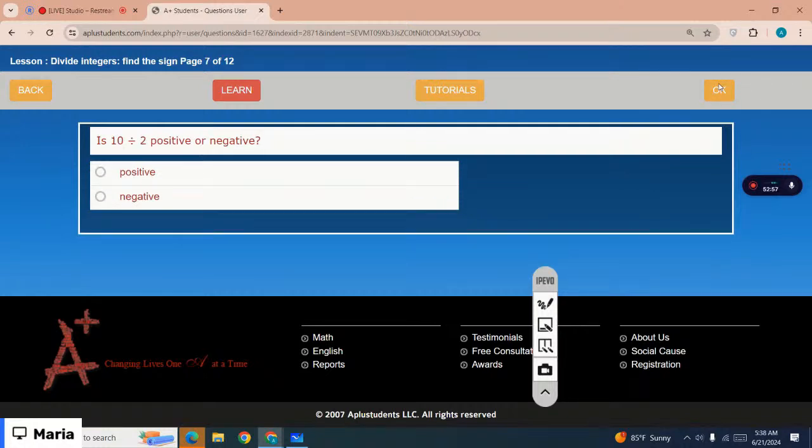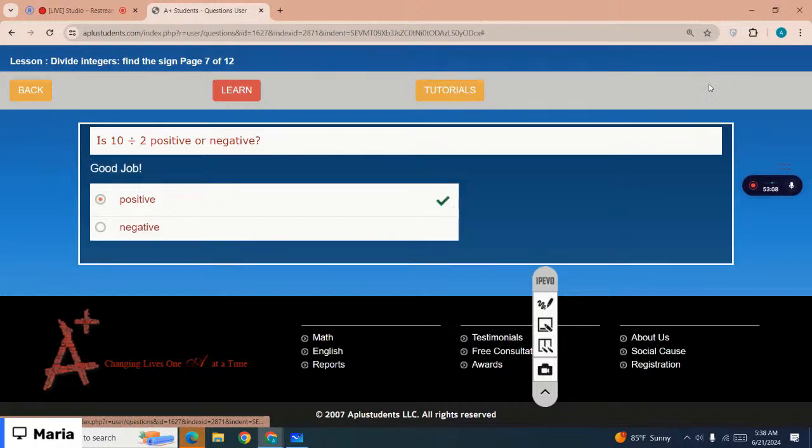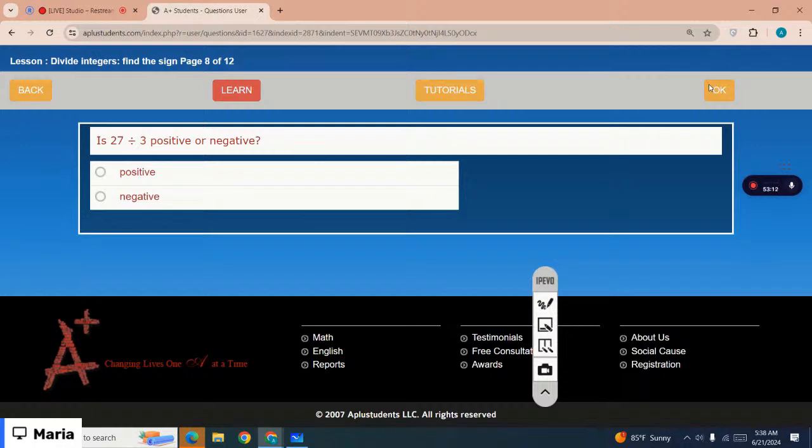Is 10 divided by 2 positive or negative? Positive it is. The correct option is positive. Is 27 divided by 3 positive or negative?